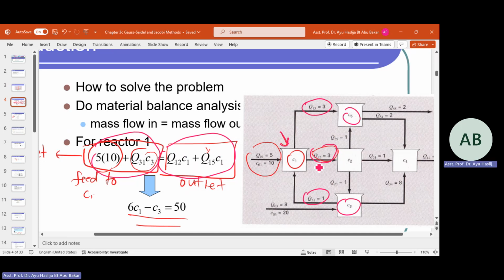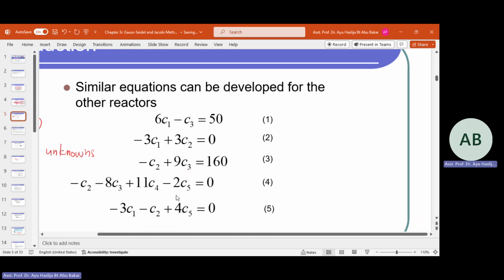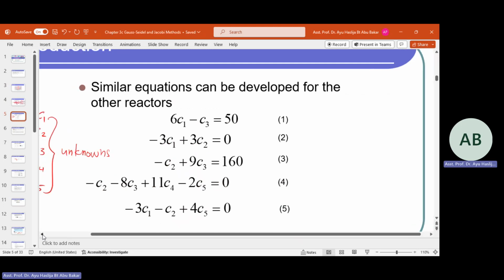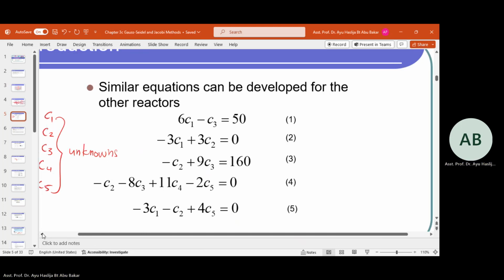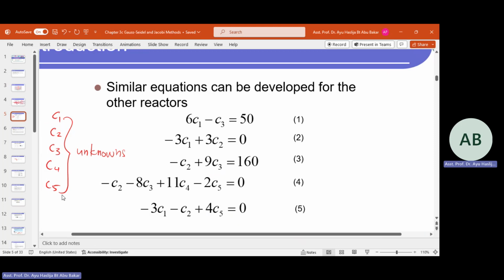From there, you get your unknowns, C1 and C3, and generate the equation. This is for reactor 1 only, so you need to develop the equations for all the reactors in order to find the unknowns. This is the final equation developed from the reactors. So you have 5 unknowns.